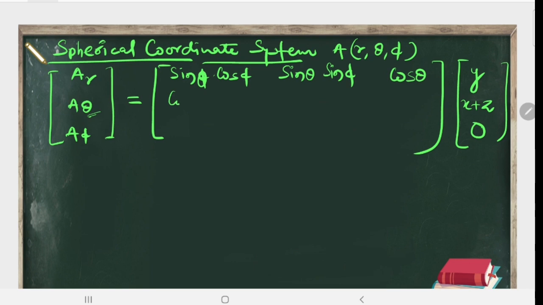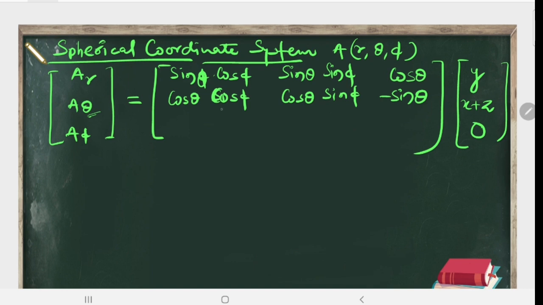The derivative of sin theta is cos theta, then we keep cos phi. The derivative of sin theta is again cos theta, then sin phi, and the derivative of cos theta is minus sin theta.